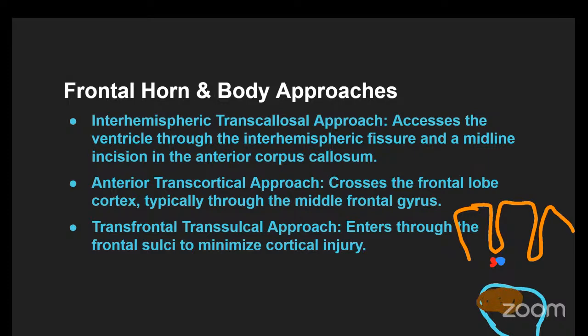What happens is if I cannot approach a lesion via the interhemispheric corridor for whatever reasons, for size, for laterality, etc., I am now left with two choices. I either can go transcortical or I can go transsulcal. Both have their own cons and pros.